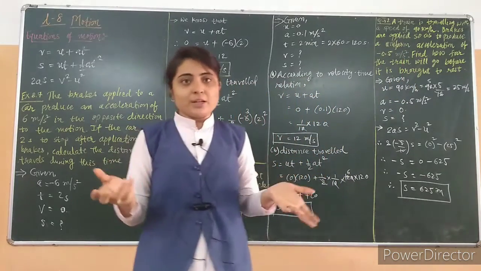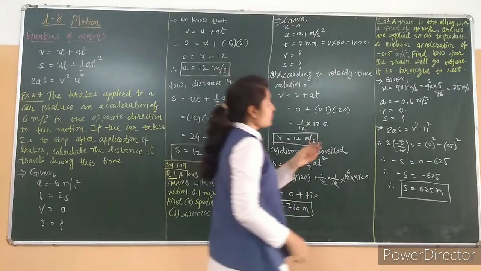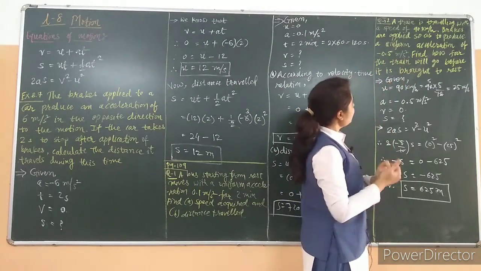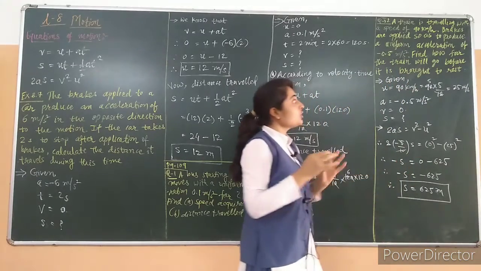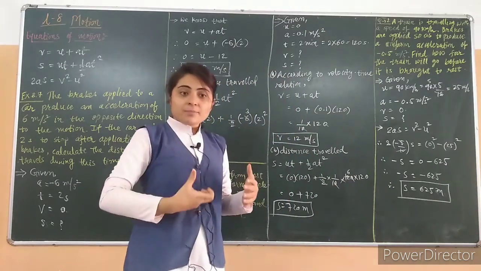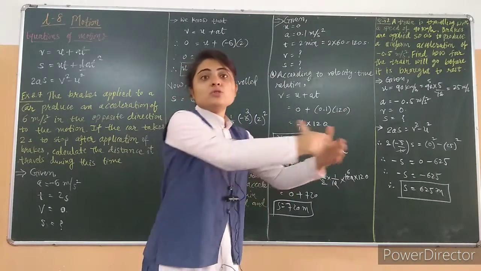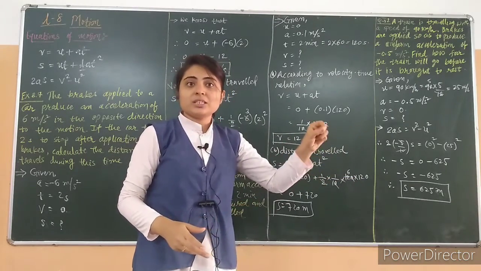It is already given negative, but if it is not given, you need to take it negative. So minus 0.5 meter per second square. Find how far the train will go before it is brought to rest. Brought to rest means after applying the brakes, the train stops. It means the final velocity is 0.